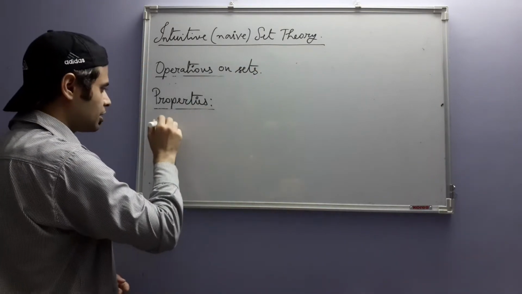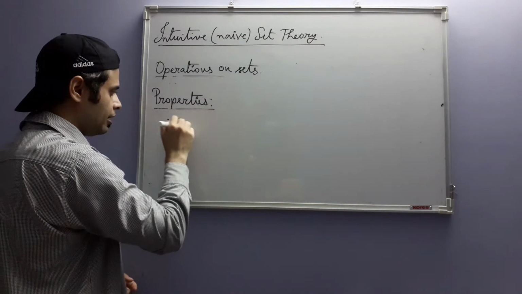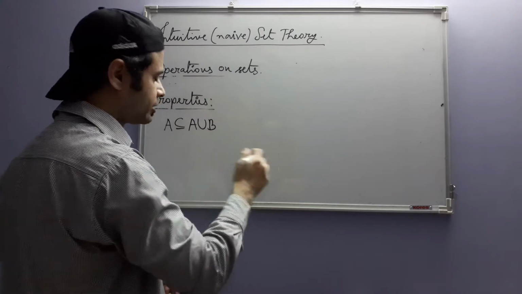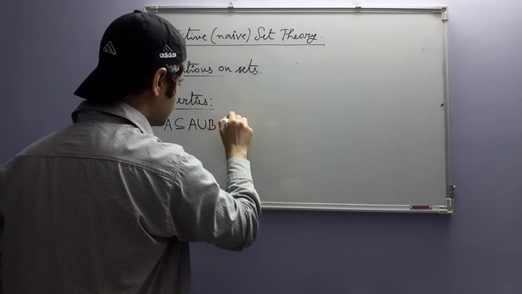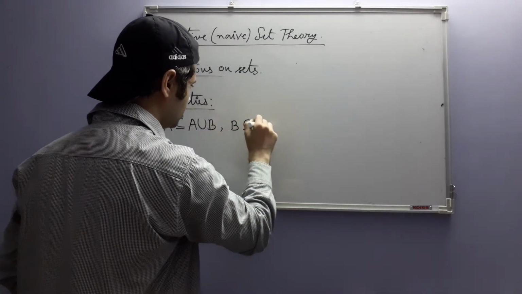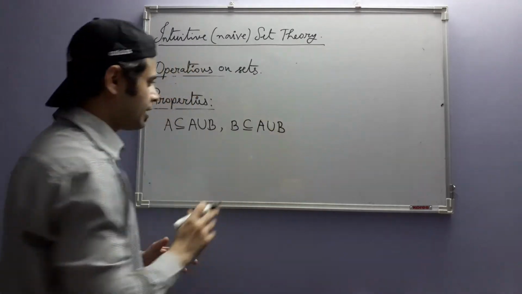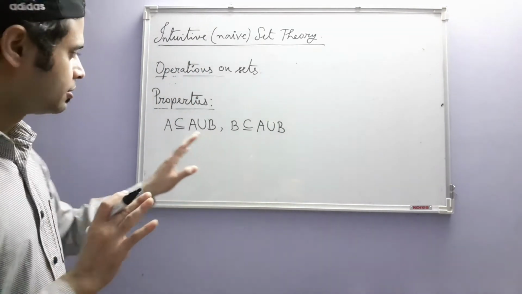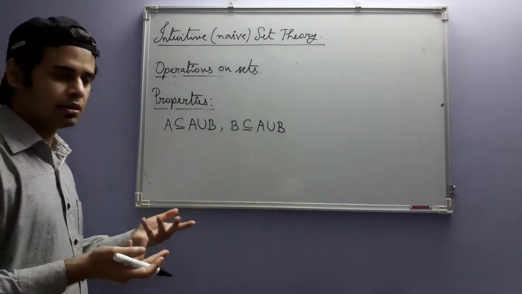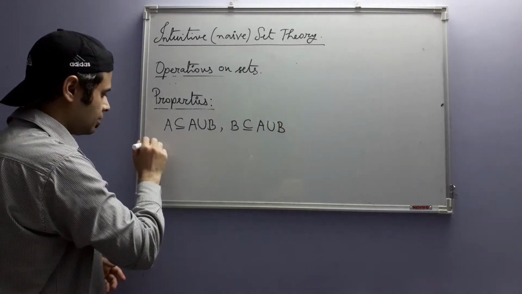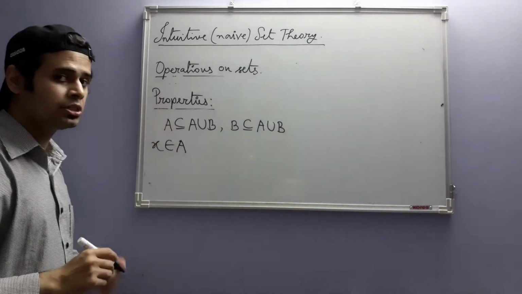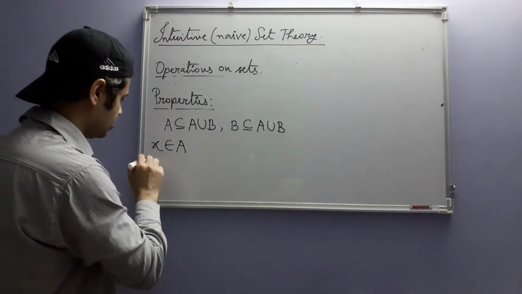So the third one is I have to show that A is a subset of A union B. Third one of the third property. At the same time, I have to also show this. Now here I have to just simply show subset, not equality. So it is easier.